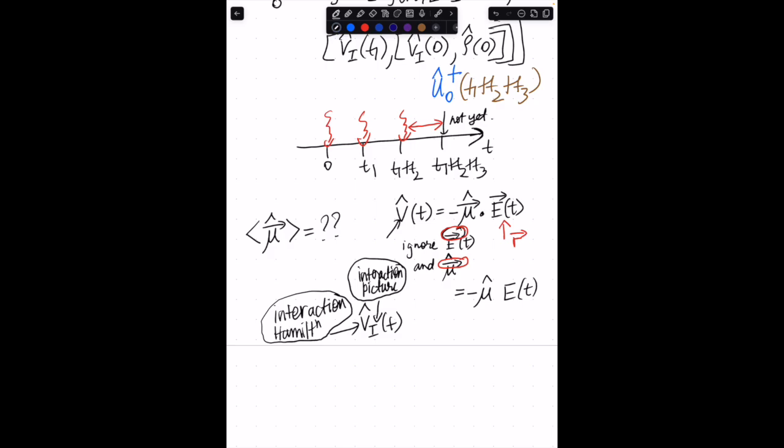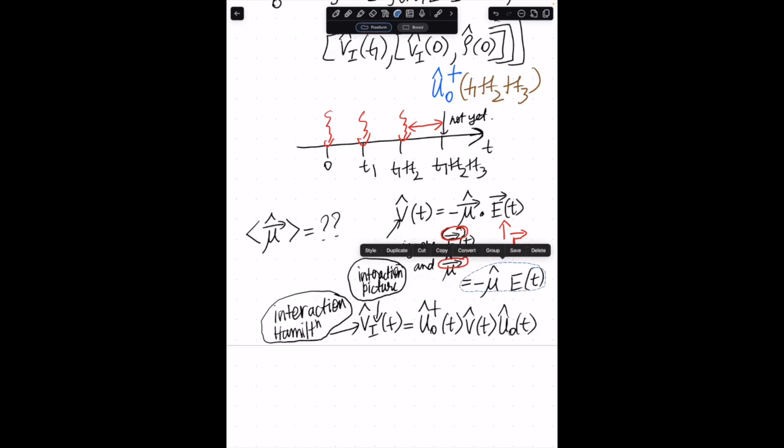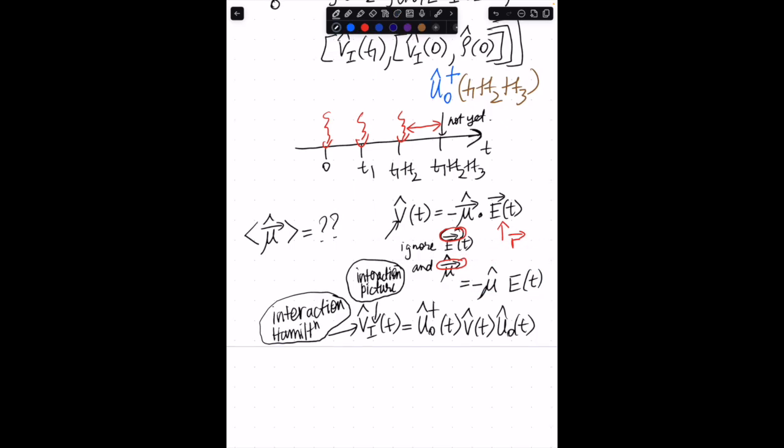So this interaction Hamiltonian in the interaction picture, as I had previously described, is just U hat dagger t V U hat t. Something important for you to realize here is that your dipole operator is independent of time in the Schrodinger picture.